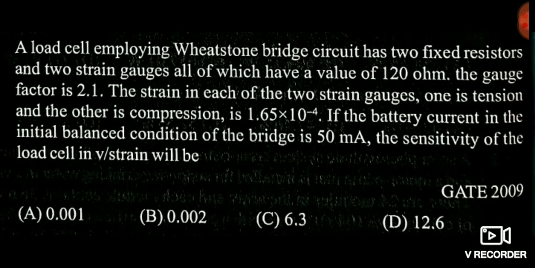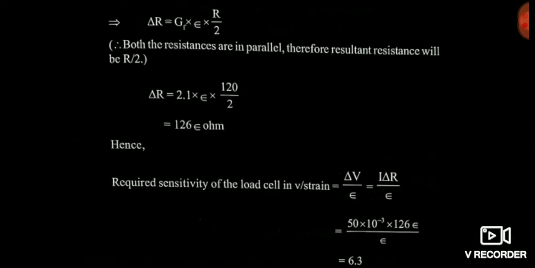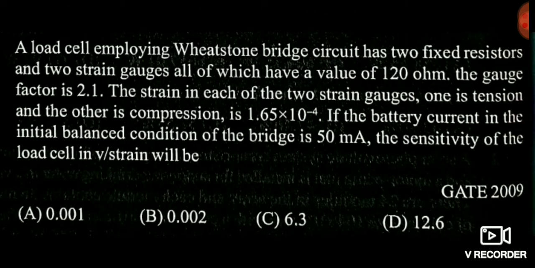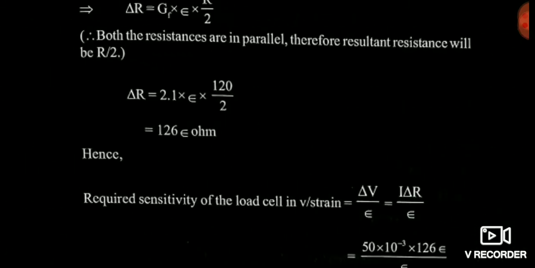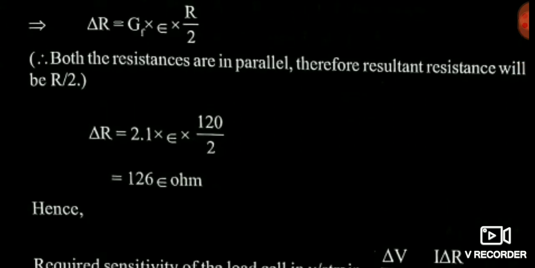Both the resistances are present in parallel. You can see in the question that both the resistances are in parallel, because the Wheatstone bridge, I think all of you have seen in your 12th class, has resistances in parallel connection.